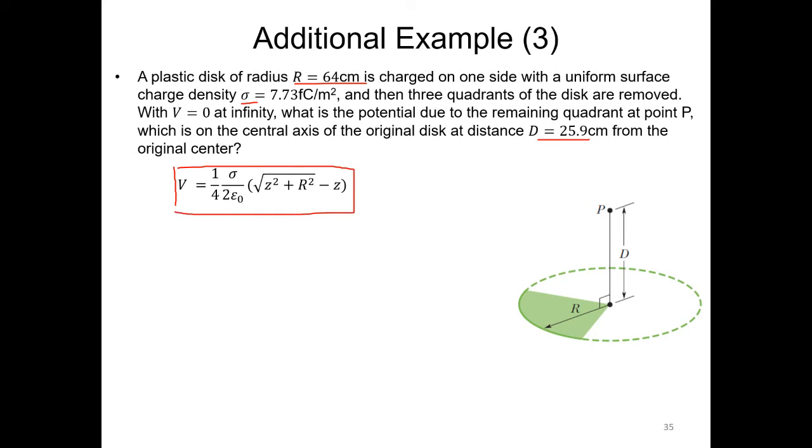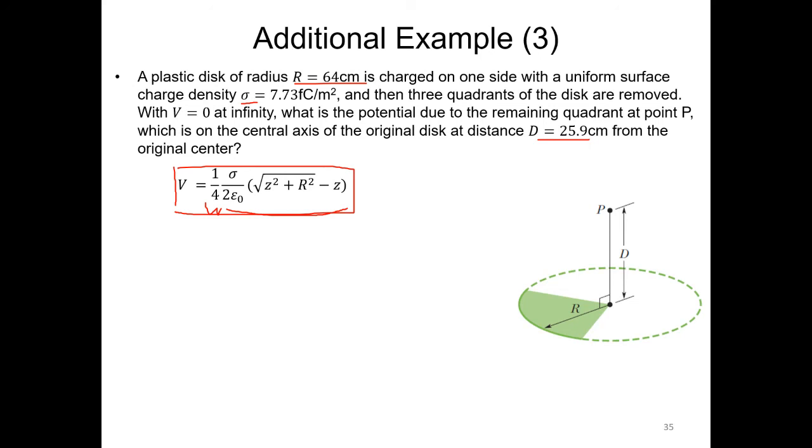It is somehow like if we have a full disk, we don't have this 1/4 factor in the front. We only have that part, but we consider the electric potential, which is a scalar. So if we just remove 3/4 of the disk, then the electric potential at this point regarding this quadrant will be 1/4 of the whole plate.